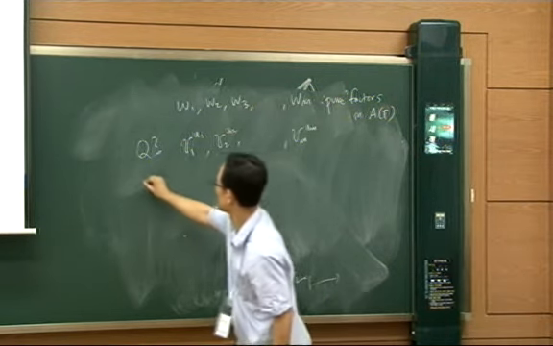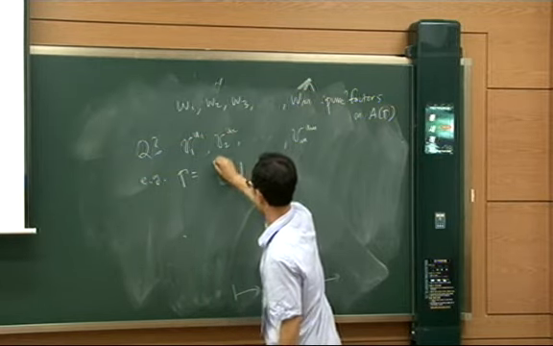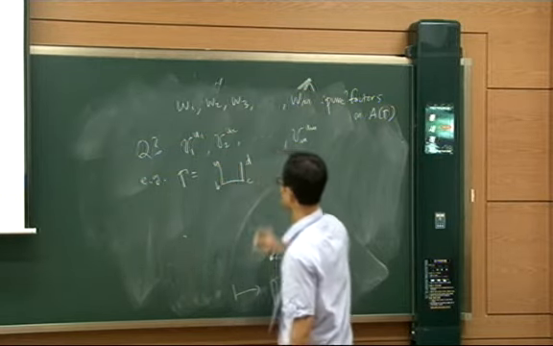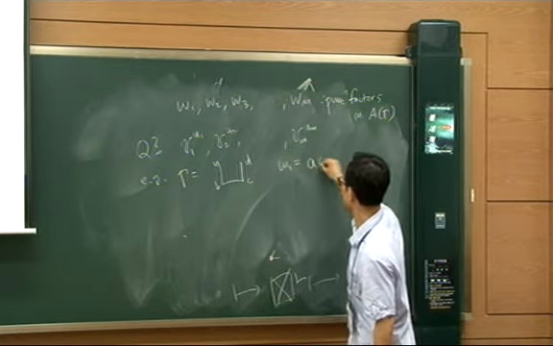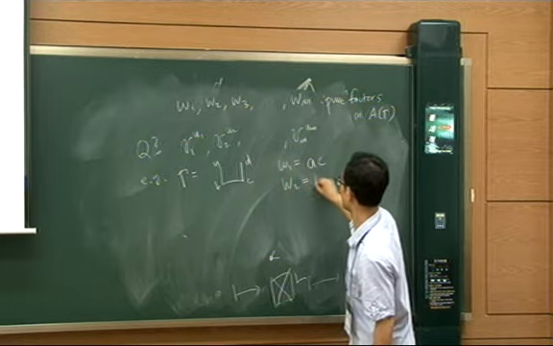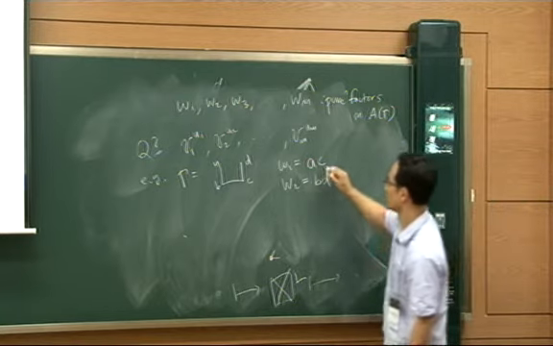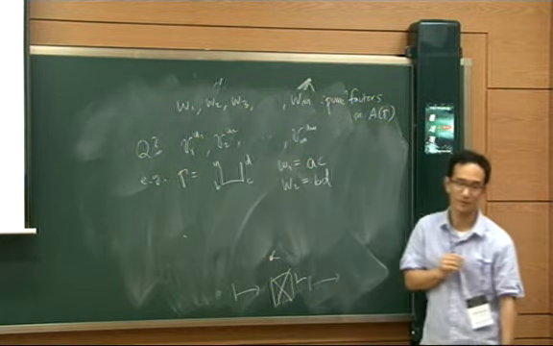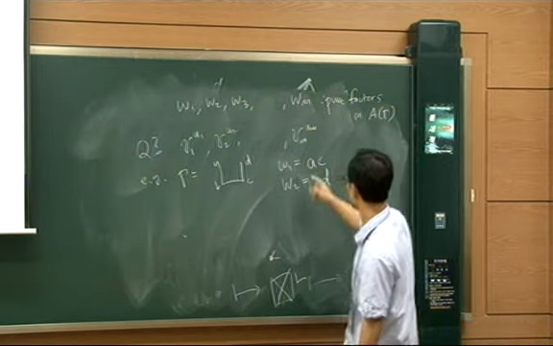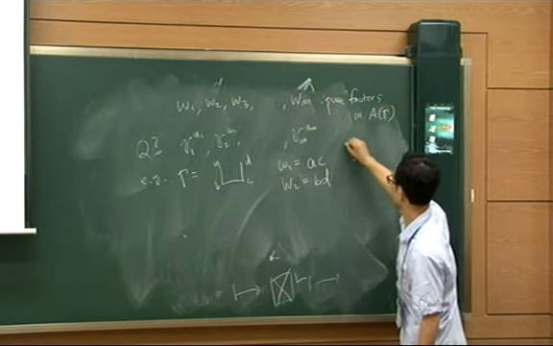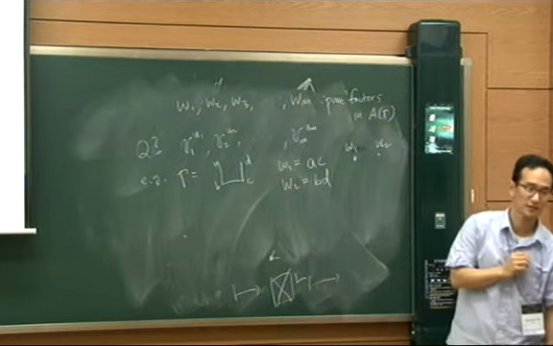So let's see an example. For example, if you consider, say, gamma as A, B, C, D, and consider the pure factors, say W1 is AC, W2 is, say, BD. They are pure factors because they generate an induced subgraph in the complement graph. Now the question is, W1 and W2 do not commute.